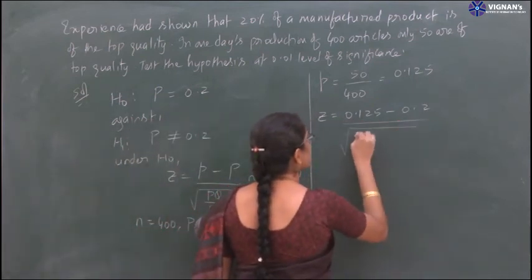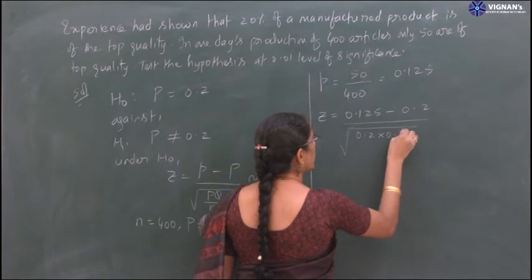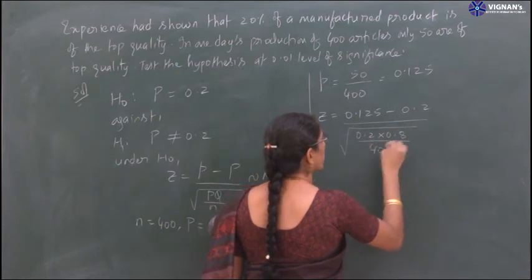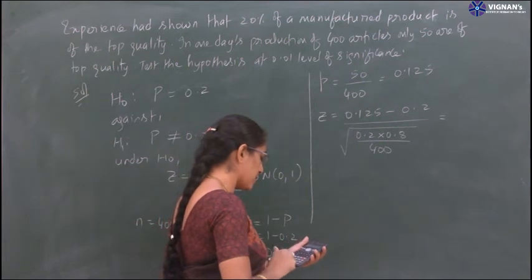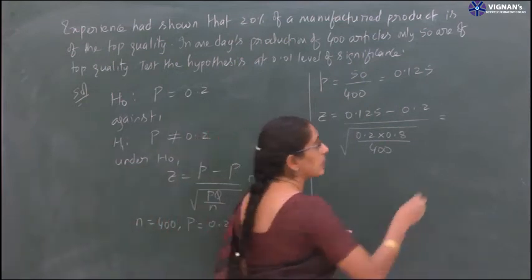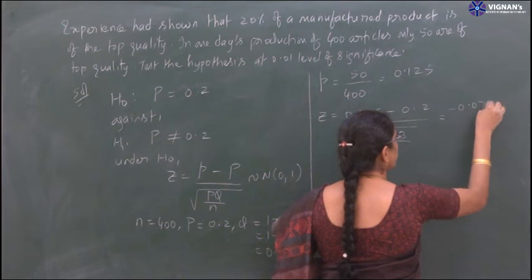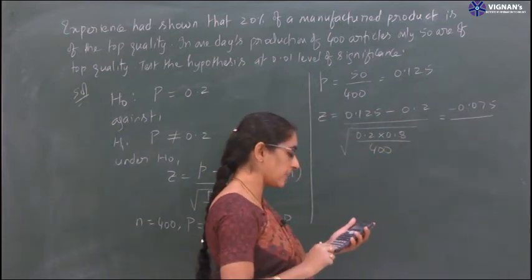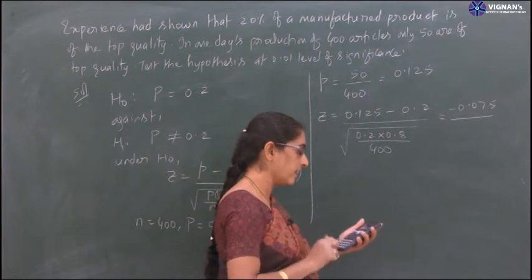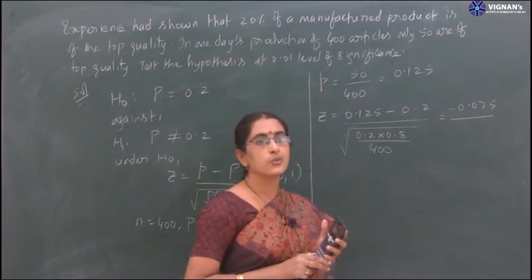Now substitute in the Z formula: small p minus capital P, 0.125 minus 0.2, by square root of 0.2 into 0.8 by 400. So 0.125 minus 0.2 is minus 0.075, by the denominator: 0.2 into 0.8 divided by 400 is 0.0004.